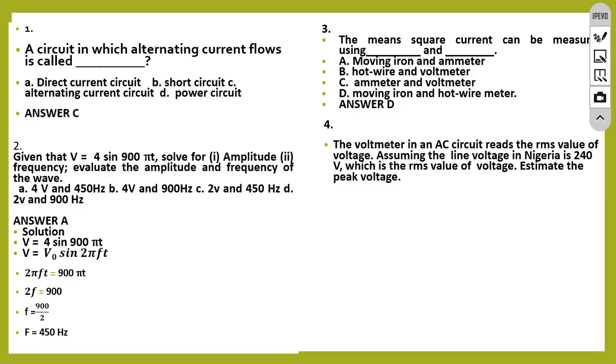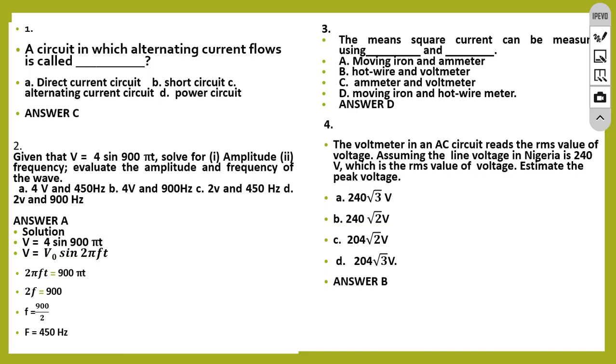It's a matter of picking the correct expression. Look at the options here. A, 240 root 3 volts. B, 240 root 2 volts. C, 204 root 2 volts. D, 204 root 3 volts.